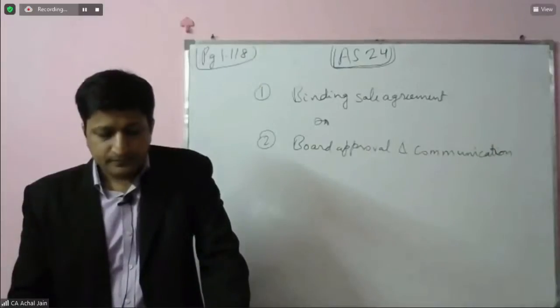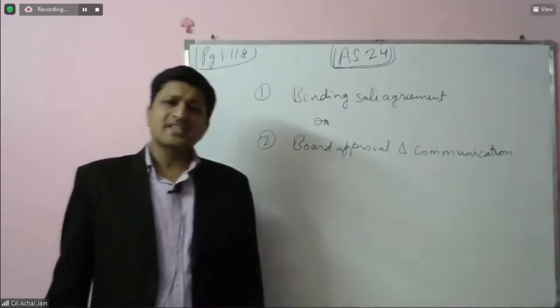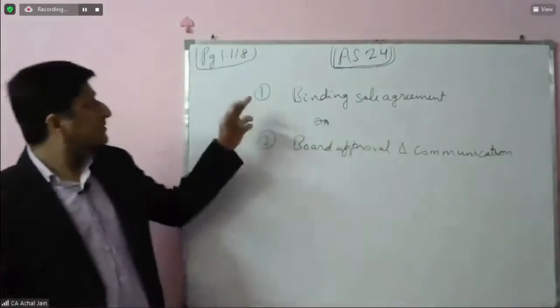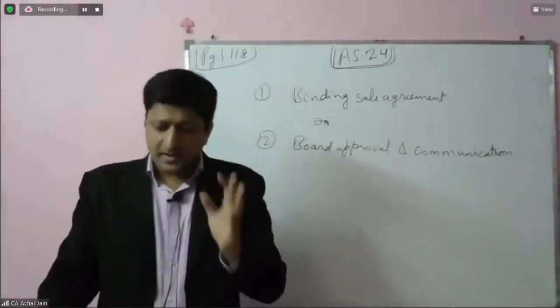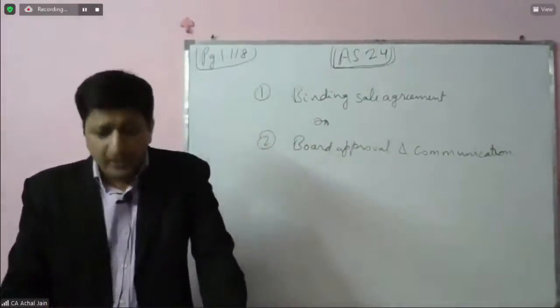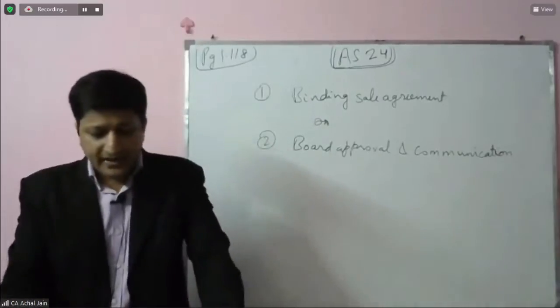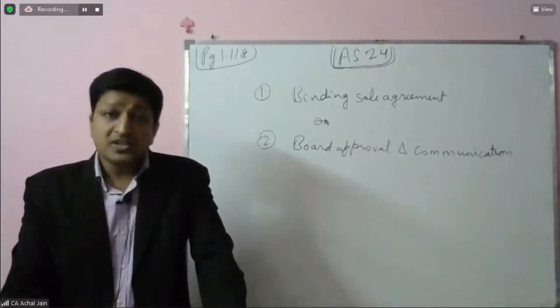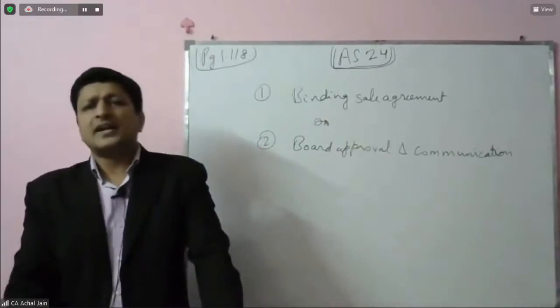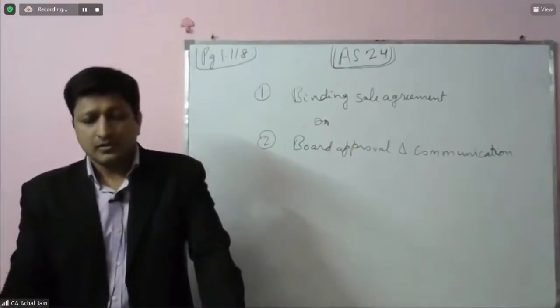Clear? Okay. Now, as you move further on this page, it says, for recognizing and measuring effects of the discontinuing operation, this standard does not provide any guidance. This standard only provides the guidance about presentation and disclosure.